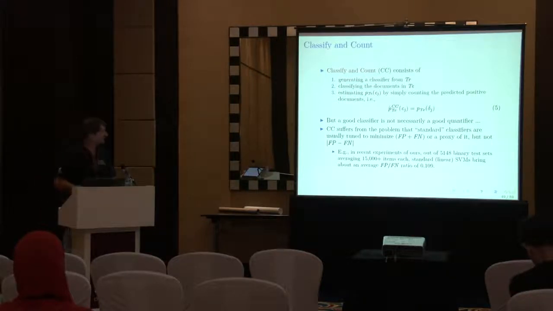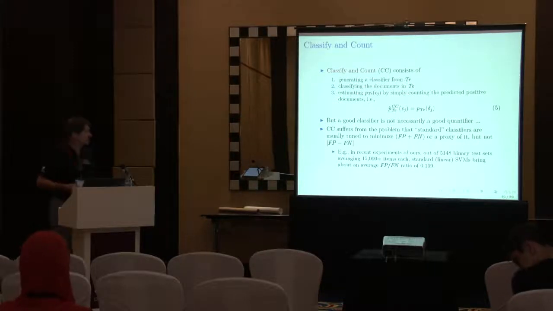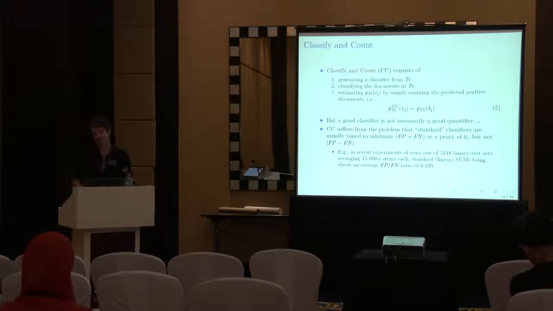So we have argued that one of the problems of classify and count is that a good classifier is not necessarily a good quantifier, because you might have a good classifier which is biased. So what is a biased classifier?